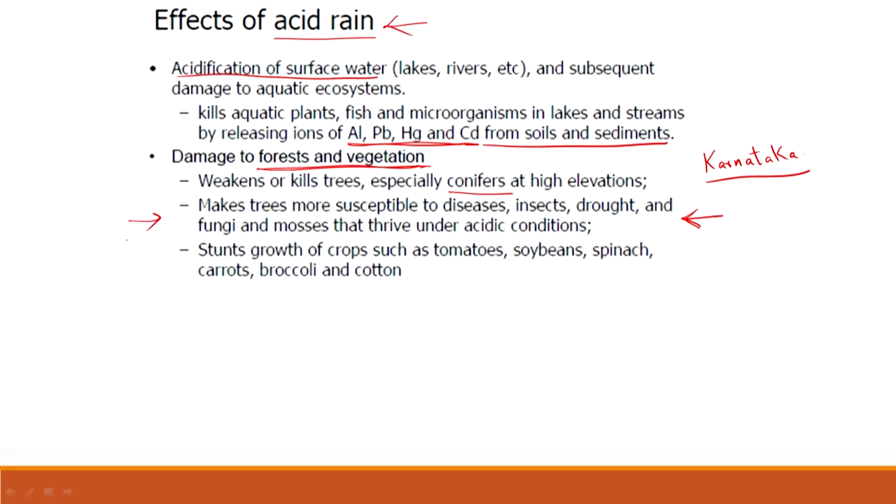Similarly, trees that are typically not healthy, and whose bark or leaves are being battered by acid rain, are more susceptible to diseases and attacked by insects. As we looked at earlier, it stunts the growth of crops such as most of the crops that we deal with in India other than broccoli, right.